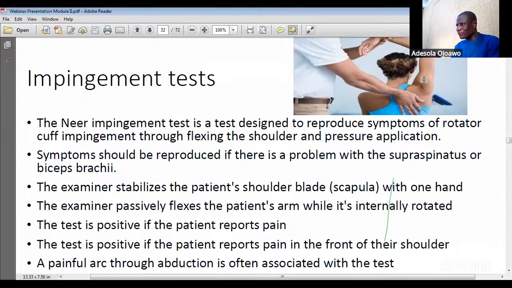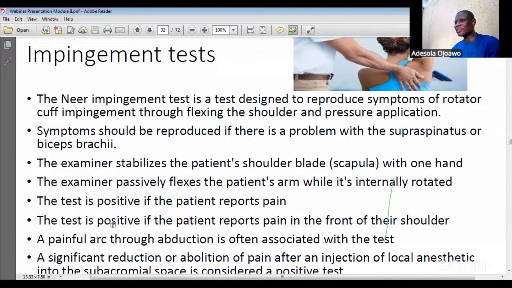So if there's calcification there, maybe calcification from the ligament, the head of the humerus will grind it, and the patient is going to have pain. If there's a bone spur, when you take it to this extent, there's going to be touching of that impingement bone, and the patient will report pain. We call it the NEER test. That's what I've mentioned.